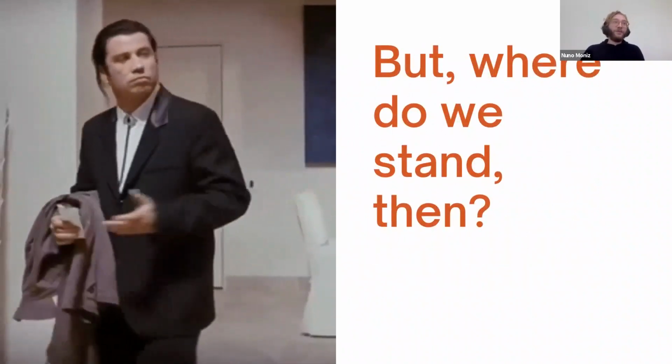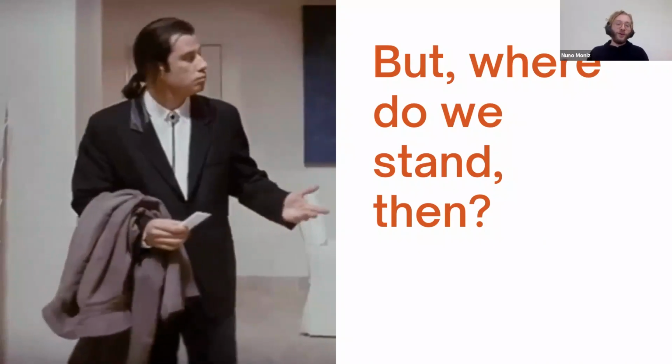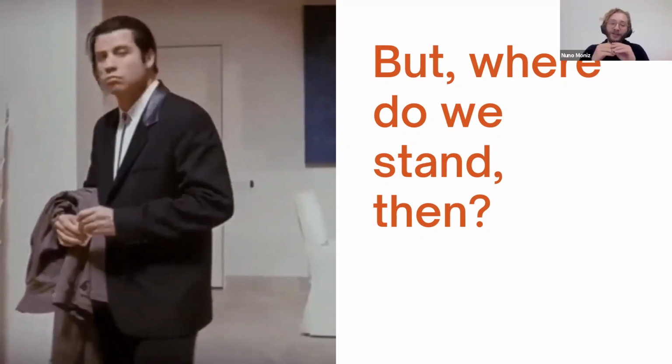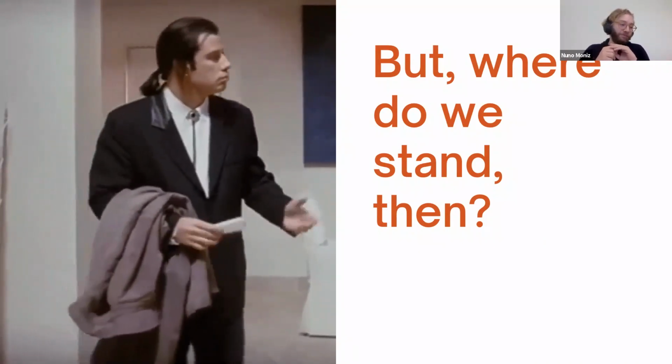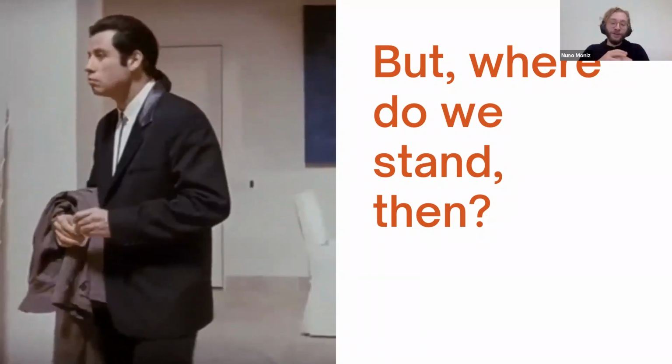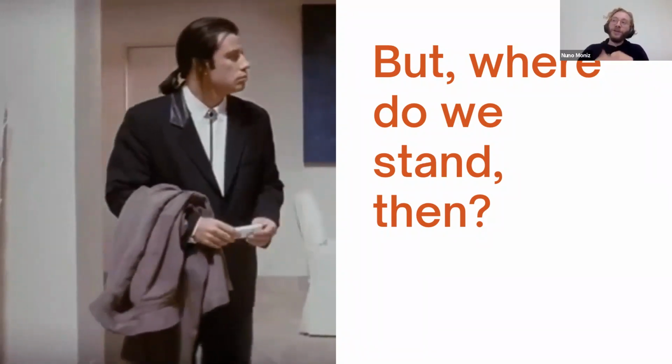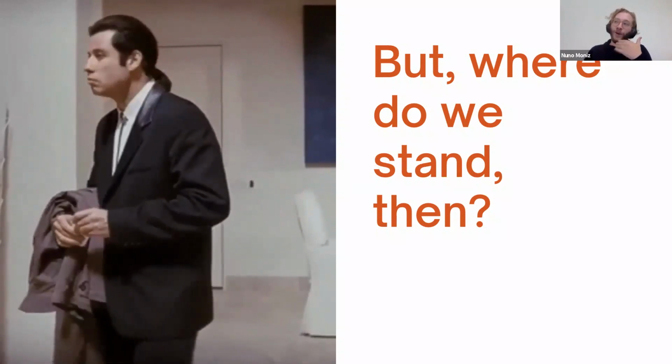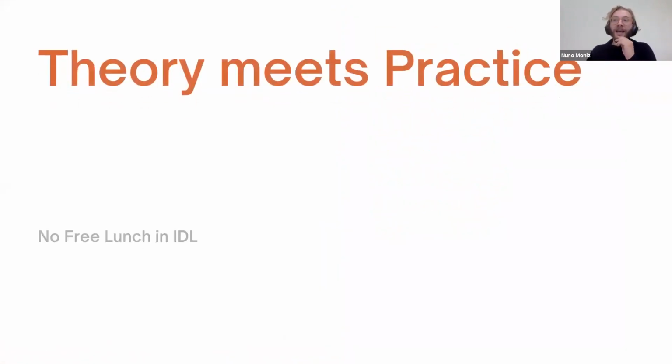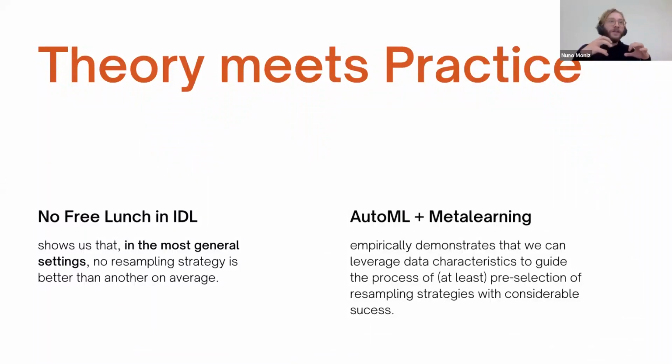But we just described two opposing results, or at least some contradiction between them. And so a good question is exactly where do we stand? When we confront theory and practice, we look at, for example, no free lunch in imbalanced domain learning, and we see that in the most general settings, no resampling strategy is better than another one on average.